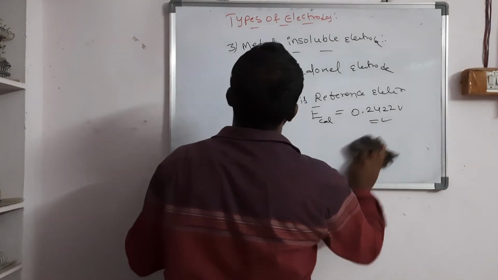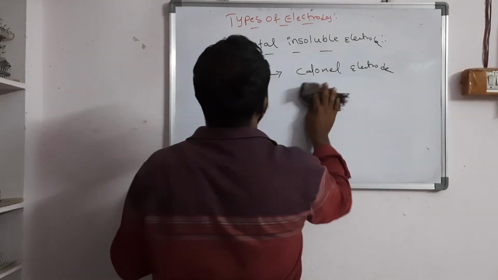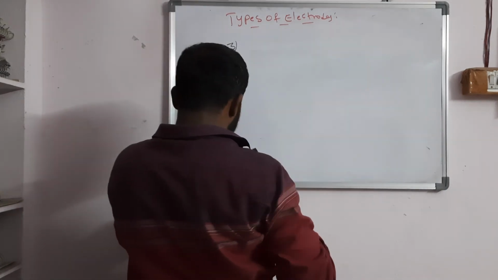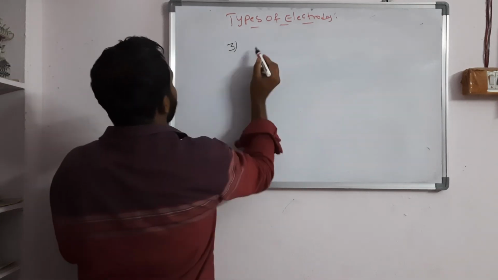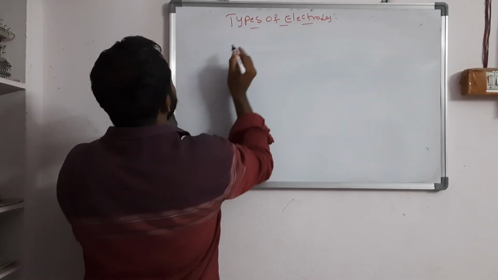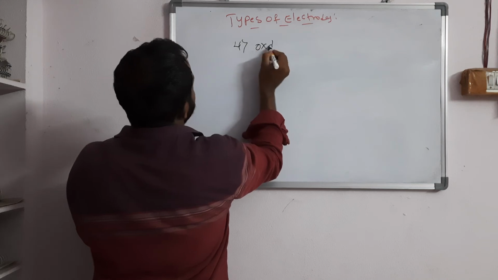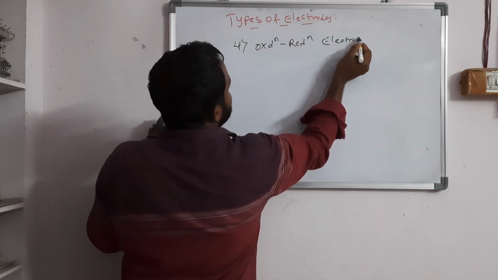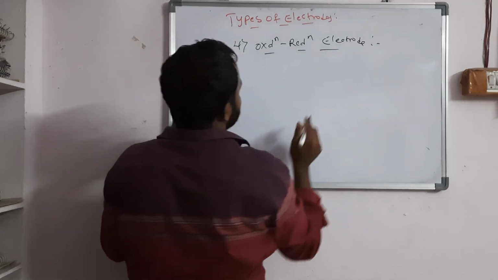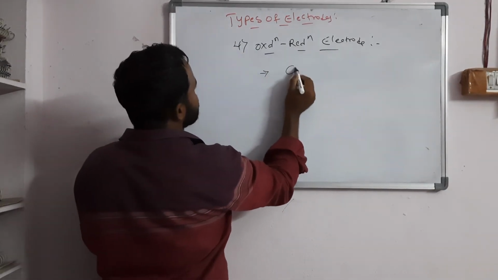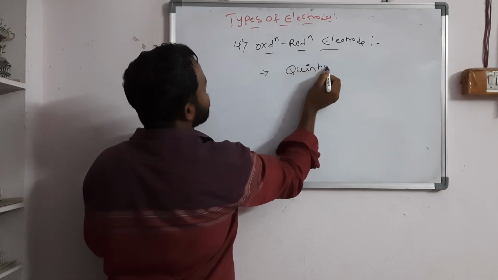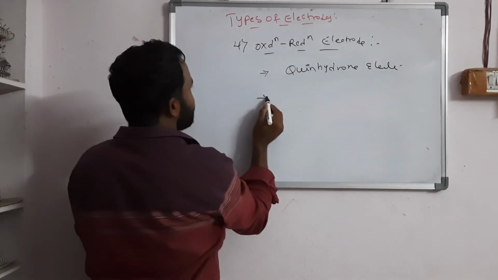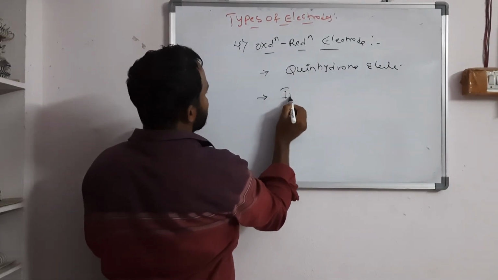Another type of electrode is the oxidation reduction electrode. The fourth one is the oxidation reduction electrode. First you should write that an example of this electrode is the quinhydron electrode, and this is used as an indicator electrode.